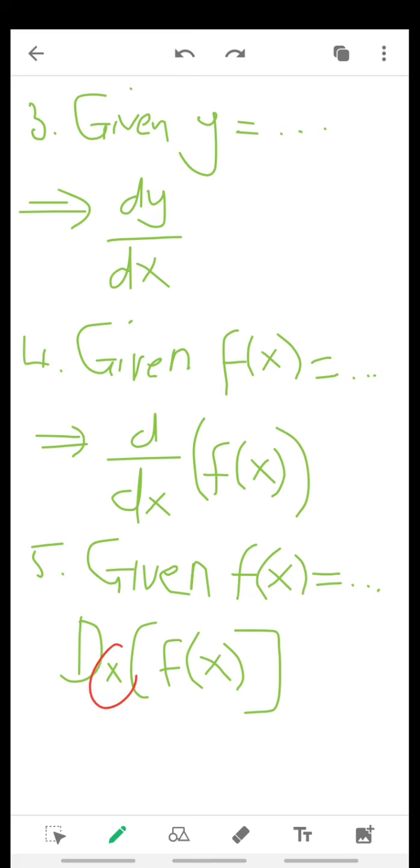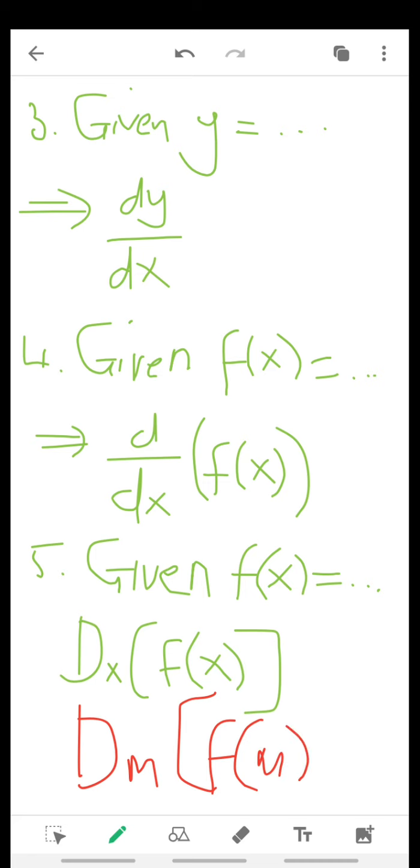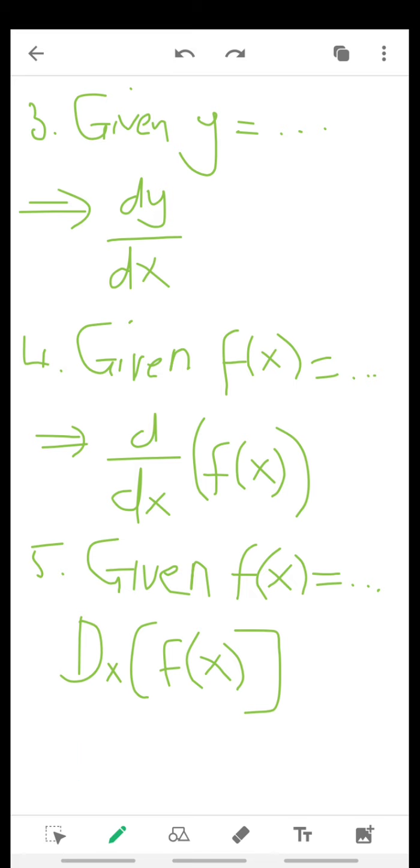Same applies to here. I'm deriving x. So it means I can say to you dm f at m. What does it mean? It means I'll be deriving the variable m and not x, because I won't be having any x there. So you derive the variables that I've shown to you.